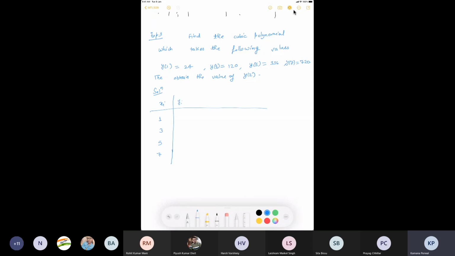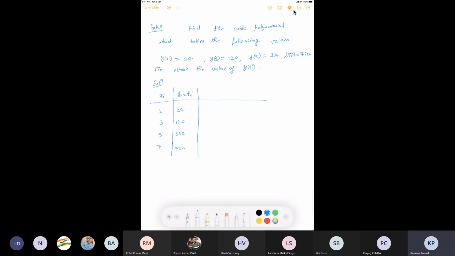And correspondingly yi. I'm calling them yi, but you can take them as f evaluated at the xi's. They are given to be 24, 120, 336, and 720. Okay. So let's form the forward difference table.